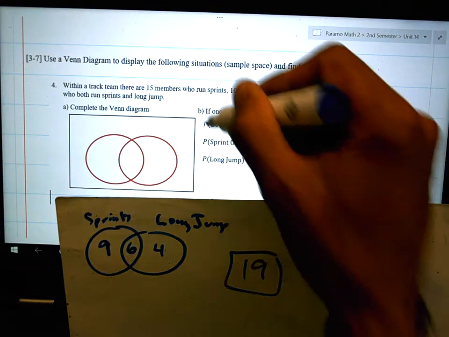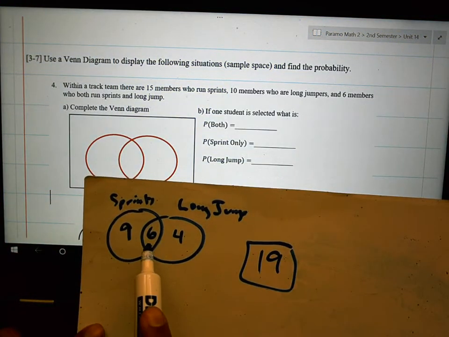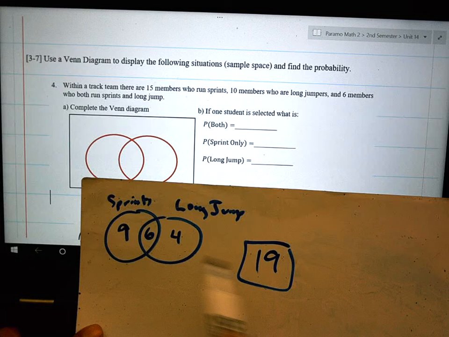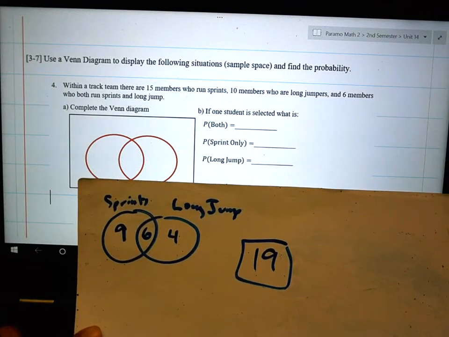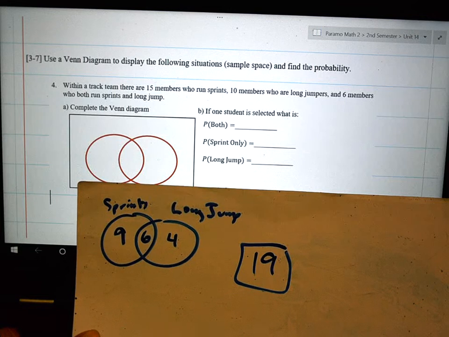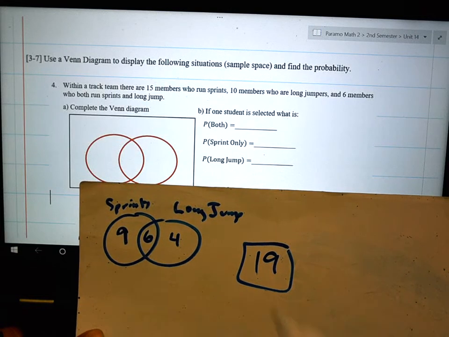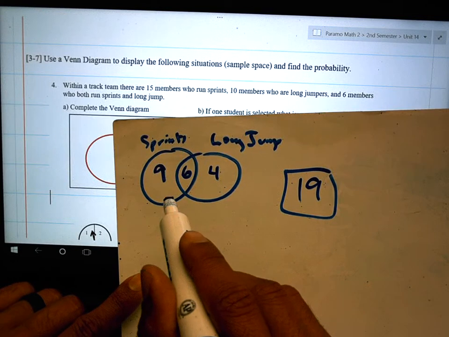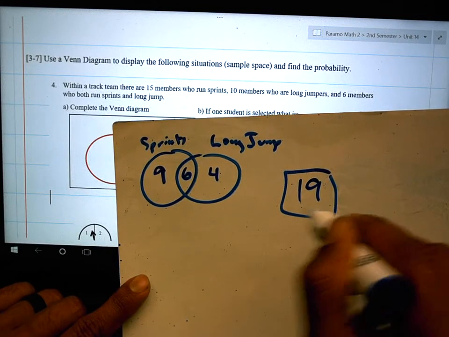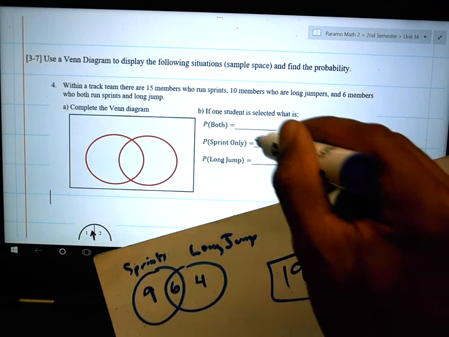What's the probability of being both? Well, there's 6 out of how many? 6 out of 19. 19 is prime. It's your answer. 6 out of 19 for part B. What about sprinting only? We figured that out. It's this out of 19. 9 out of 19.